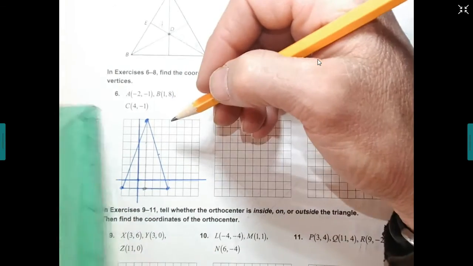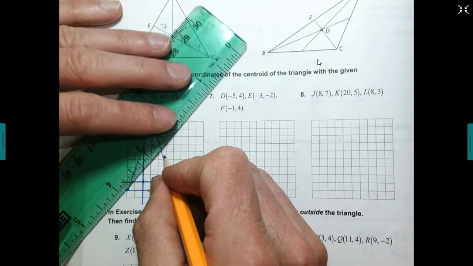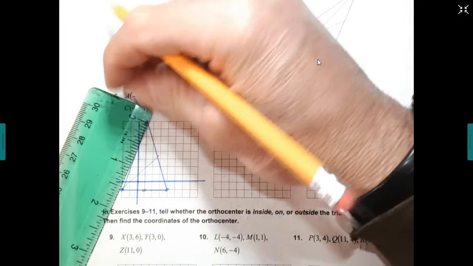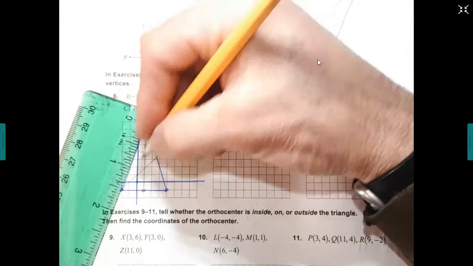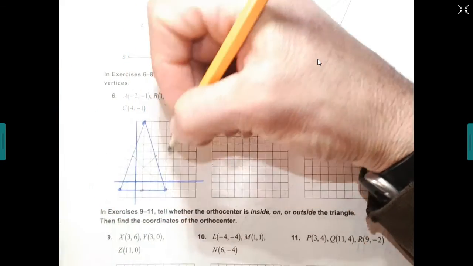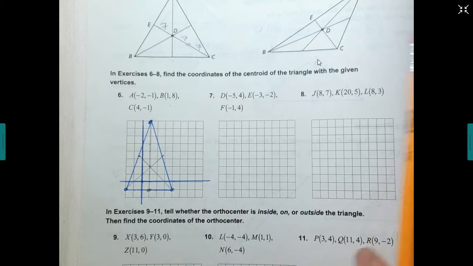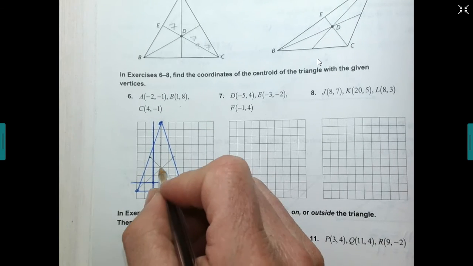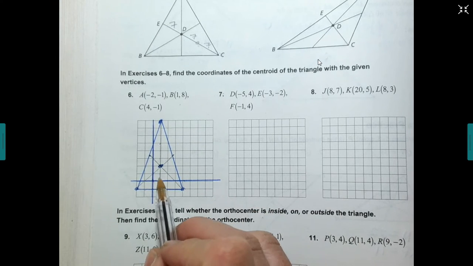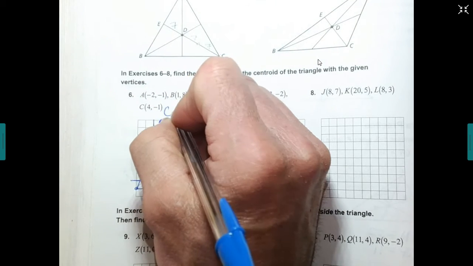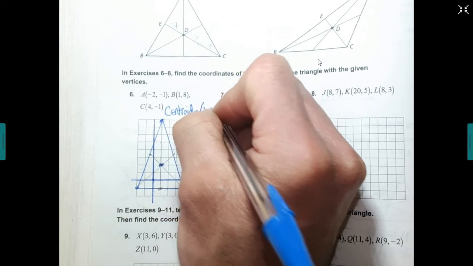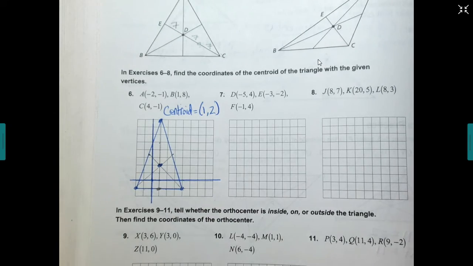So that's 3/4. See how this works out for me. 1.5, 3/4. Oh, it works out perfectly for me. So there is my centroid right there. So my centroid equals 1, 2. All right, give those two a go.